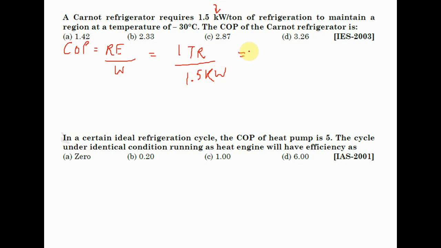And I have already explained in my previous videos and also derived that 1 TR is equal to 3.51 kilowatts. If you have not watched that video of derivation, I have given the direct link in the video description. You can go and watch that video.